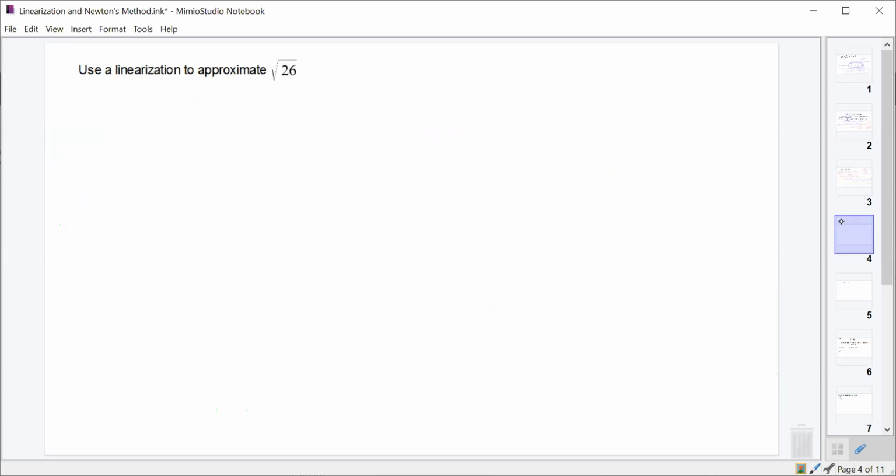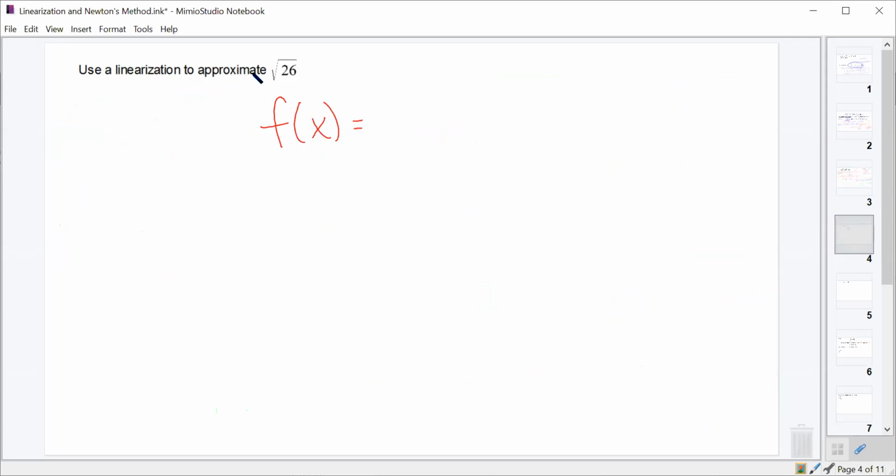So let's see if we can use this idea to come up with an approximation for the square root of 26. What would the function that we are looking at here, what would f of x be? What function is the square root of 26?